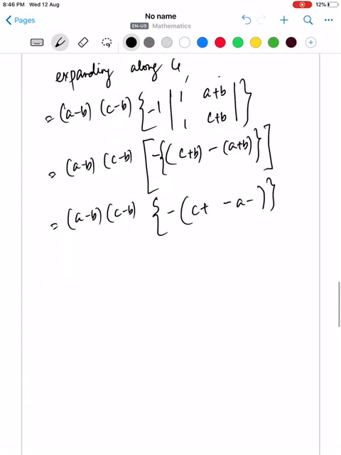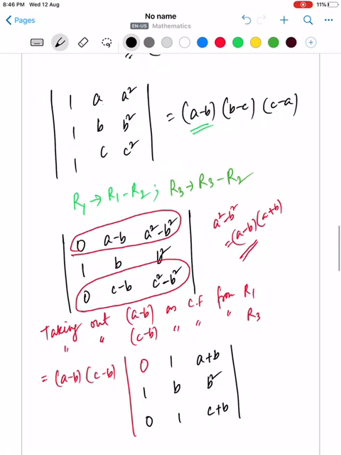So forget it, it's cancelled, right? So what do I get? A minus B, C minus B, and this is C minus A, right? If I multiply the minus inside, it will become A minus C. Everything is going away. So minus C, minus minus is plus A.